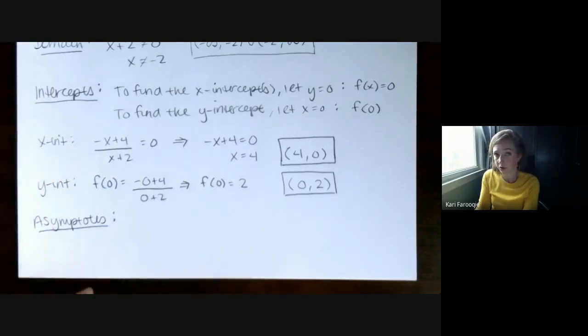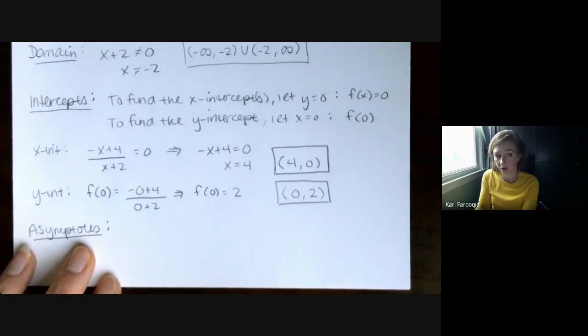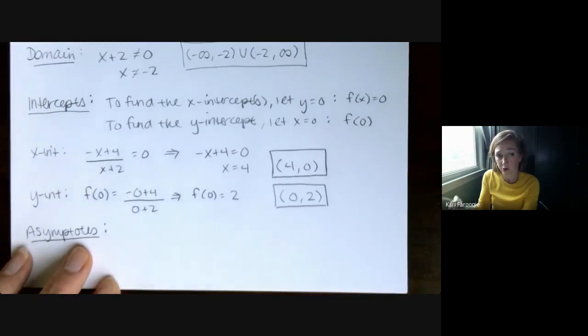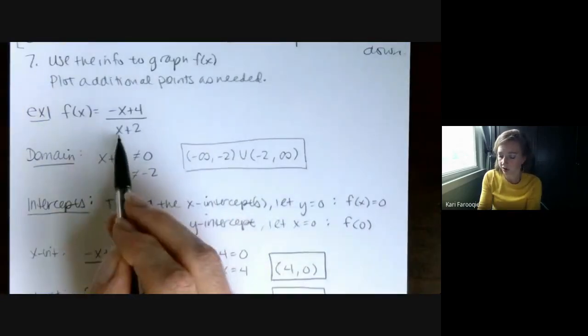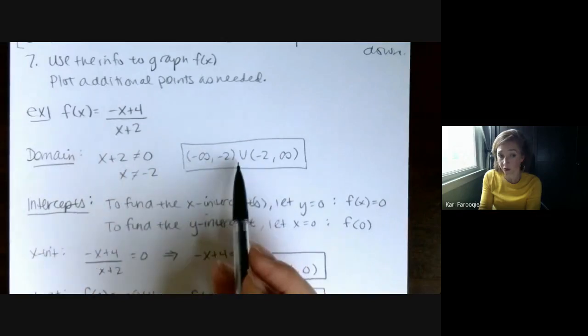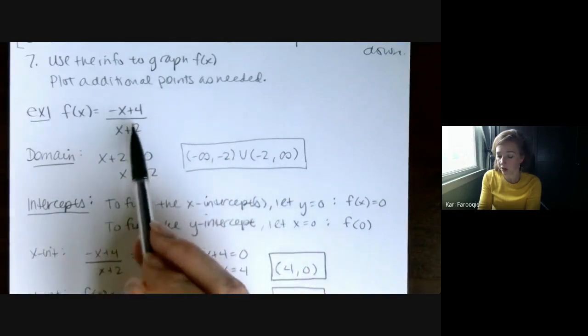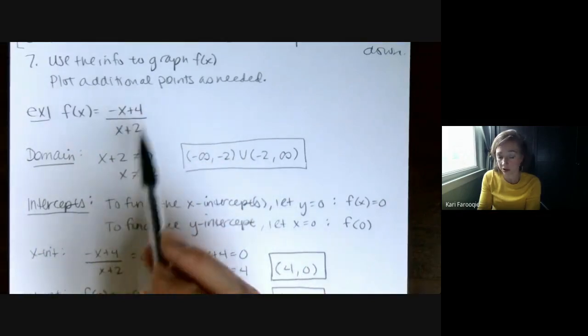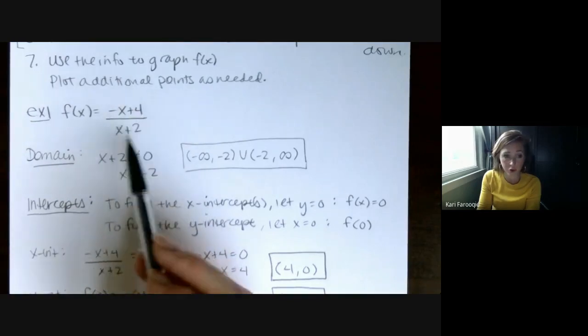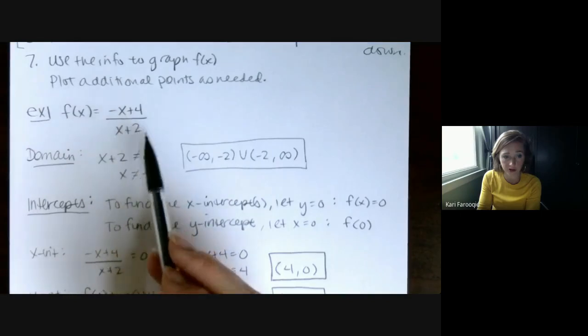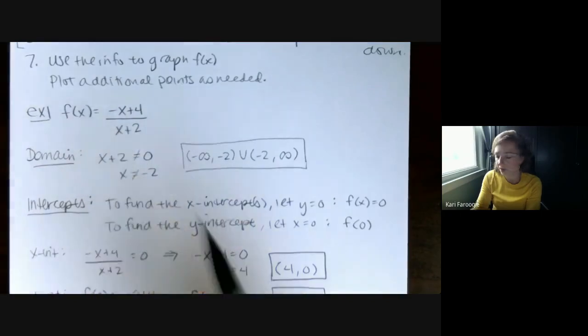The vertical asymptote occurs at any value where you have a non-removable discontinuity. So in this case, we already said that -2 is excluded from the domain. Well, there's no way that you can factor something out here and cancel that discontinuity. There's no way to get rid of it. It's definitely representing a vertical asymptote on your graph.